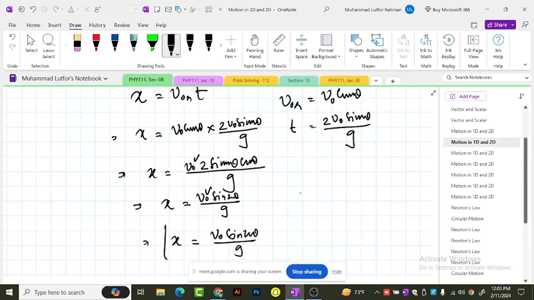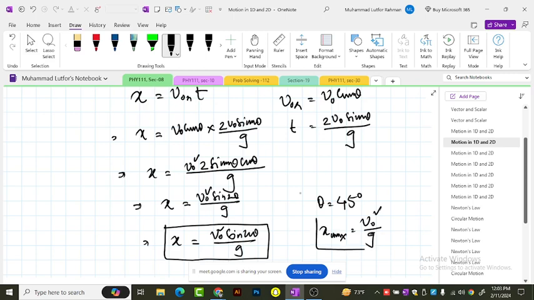That's what we call the range formula. And if theta is 45, then x max should be v naught squared divided by g. That's called the maximum horizontal displacement or maximum range.